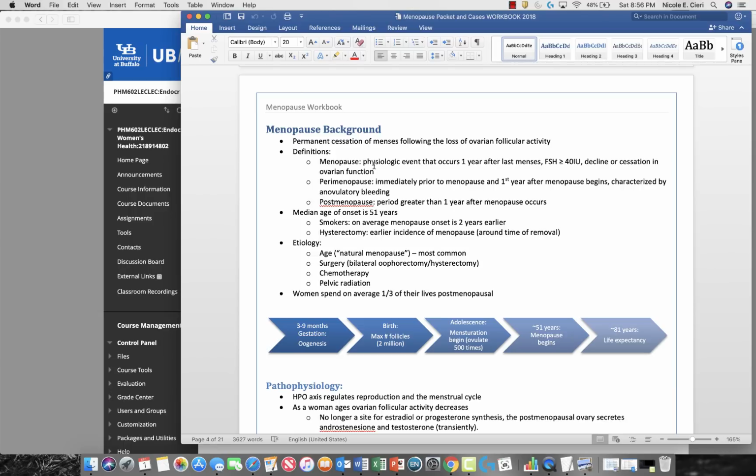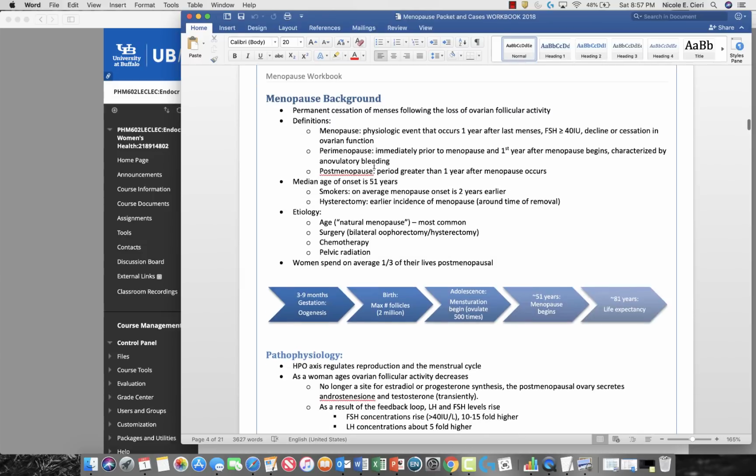The cause of menopause will be either natural, meaning as a result of age, ovarian function declines; surgical, so like I said before, if the ovaries were removed as part of an oophorectomy with or without a hysterectomy; or as a result of chemotherapy or pelvic radiation that would damage the ovaries and decrease production of estrogen.